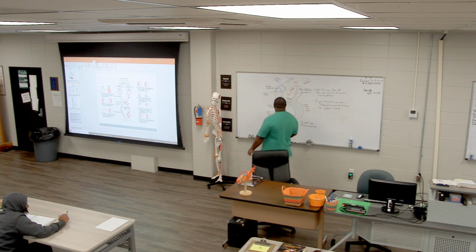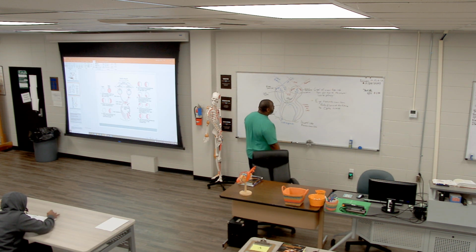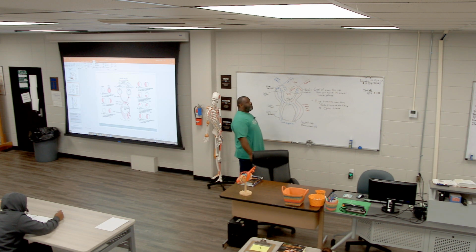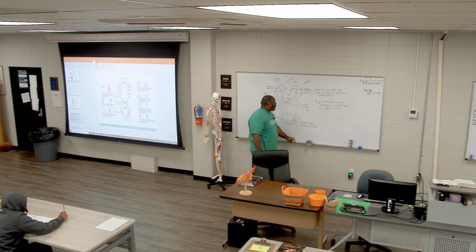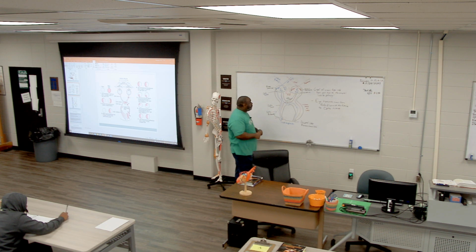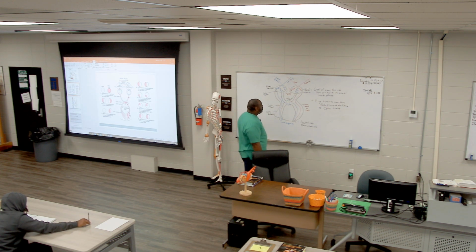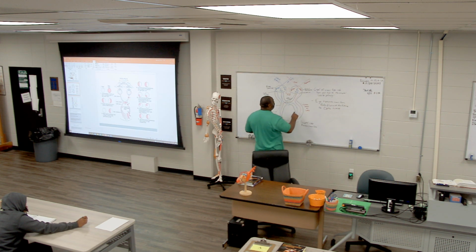Okay, so let's look at my right eye. So I'll say I'm going to start having deficits in my right eye. Okay, so let me use the black marker because it'll make more sense. Okay, so let's say I have damage to my right optic nerve. So I'm going to damage it right here. So I have damage to the right optic nerve.